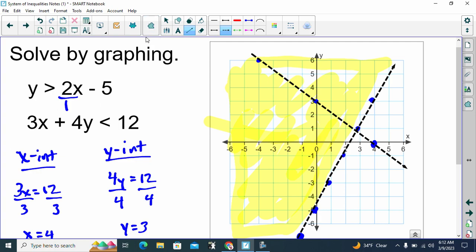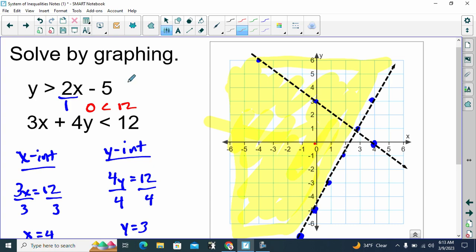And to figure out which way to shade, it is not in slope-intercept form, so we cannot just shade above or below based on what the symbol says. Instead, we use a test point. I'm going to use 0, 0. If I put 0 in for x and 0 in for y, it says 0 plus 0. 0 is less than 12.